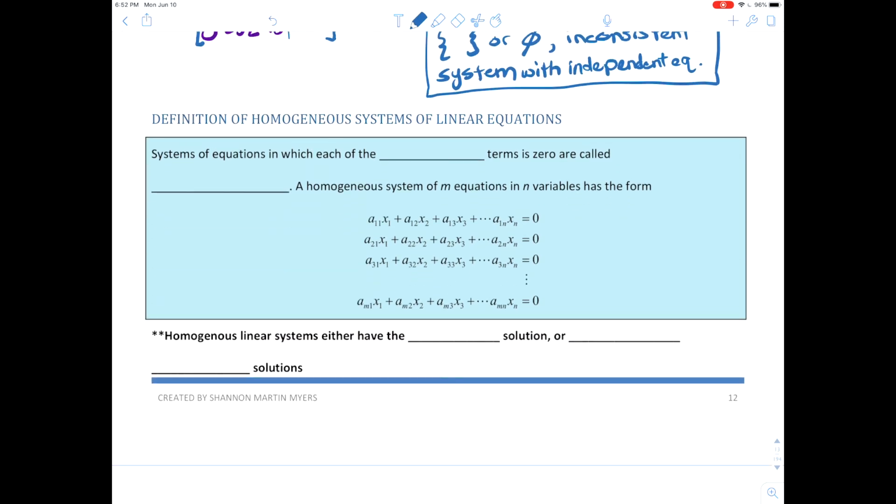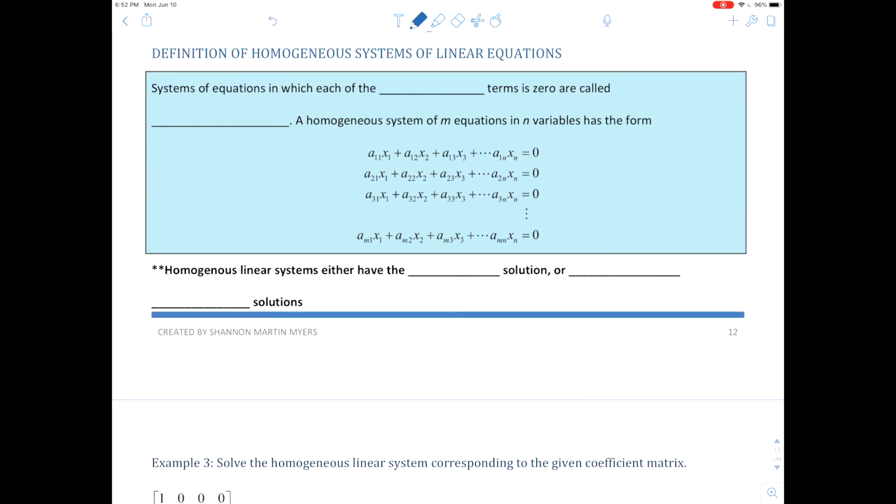So next up, and this is something that you're going to want to remember, definition of homogeneous systems of linear equations. So systems of equations in which each of the constant terms is 0 are called homogeneous. A homogeneous system of m equations and n variables has the following form.